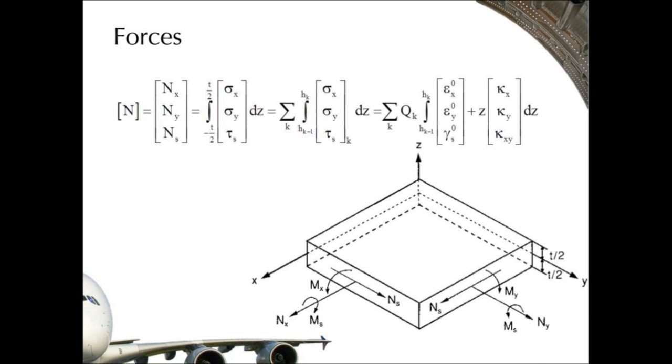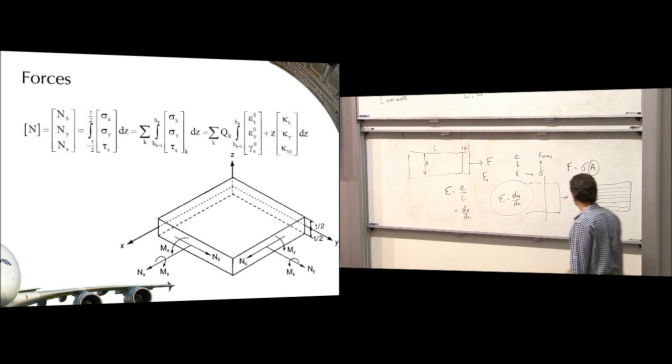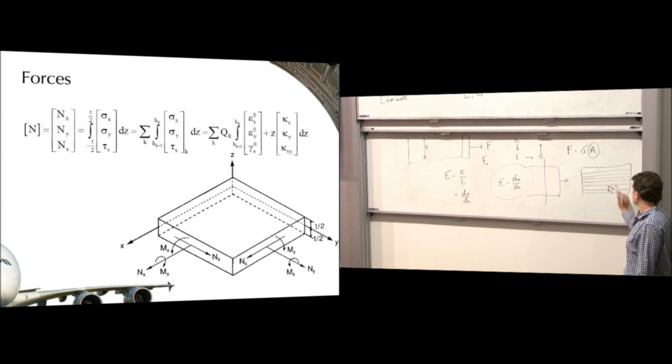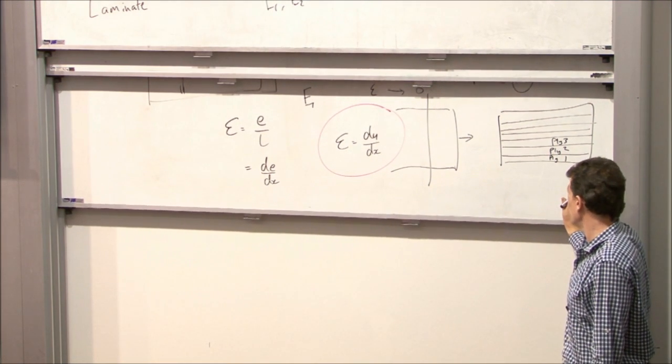Now, this area is a sum of, if I had a composite that I cut, so what I'm showing now is if I took a bar that I had a force on and I cut it, and I looked at the cut, I would have ply 1, ply 2, ply 3. I would have all these plies.